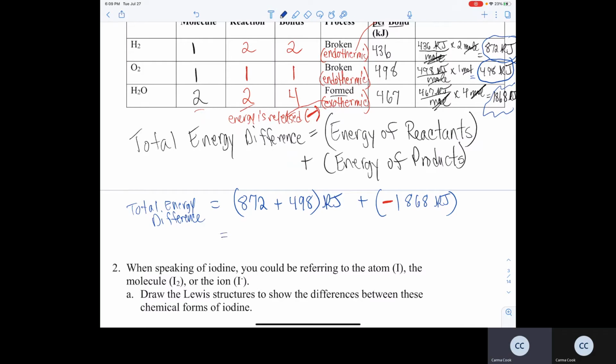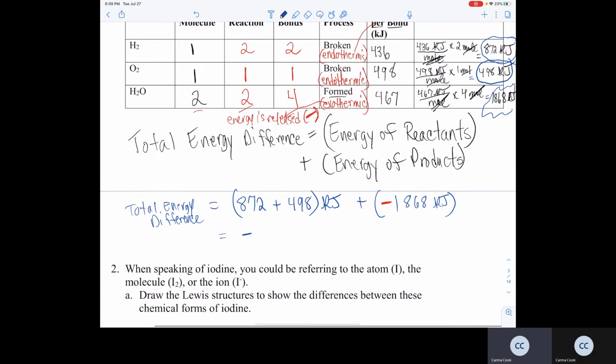Your energy difference comes out to be a negative 498 kilojoules.